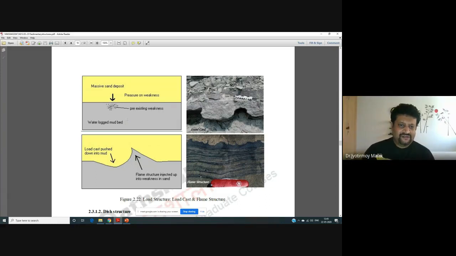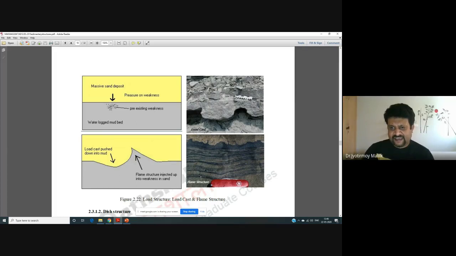So what will happen? Because if there are some pre-existing weaknesses, this massive sand body will like to fall down inside, right? And then it will replace the adjacent mud, which will try to fill a space inside the sand. So this is what we call a load cast, and then this is the associated flame structure.